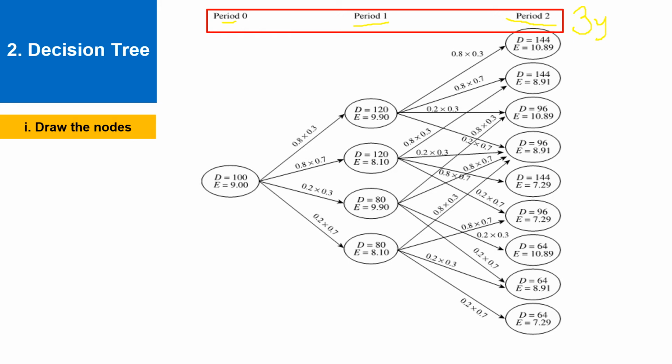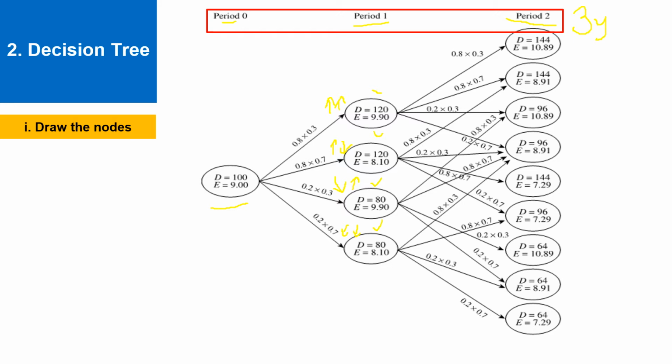And for period 1, there are 4 nodes because the demand can increase and the exchange rate also increase, the demand increase and exchange rate decrease, the demand decrease and the exchange rate increase, or the demand decrease and the exchange rate decrease. So there are 4 conditions.